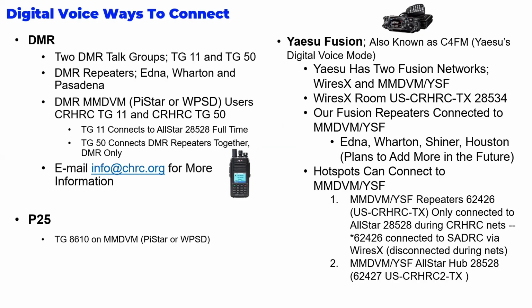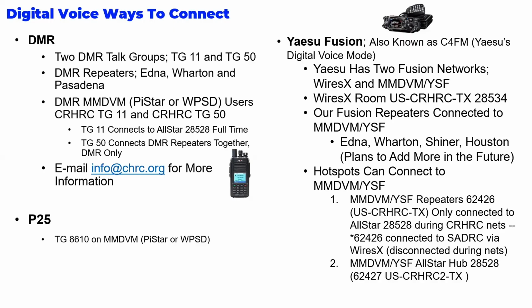All right, let's get into some digital modes. So not only do we have the awesome analog AllStar network, we also have a DMR instance. We have our own C-Bridge that allows us to connect Motorola repeaters into the Motorola DMR network. But what we're going to talk about here is we have two talk groups for Crossroads.